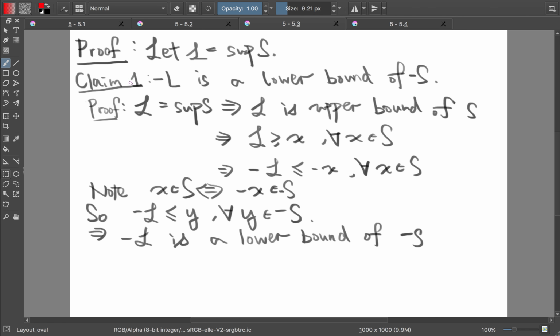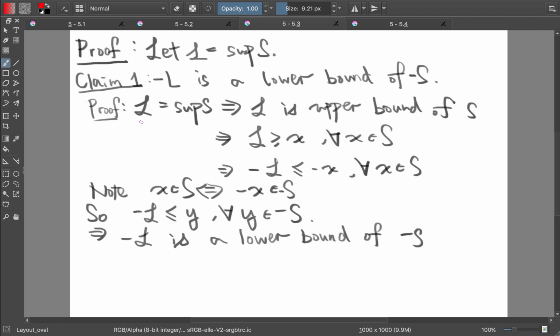Well, first of all, for the proof we let L equal the supremum of S. Our first claim is that negative L is a lower bound of negative S. And how can we prove it?